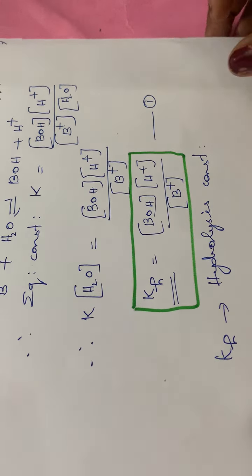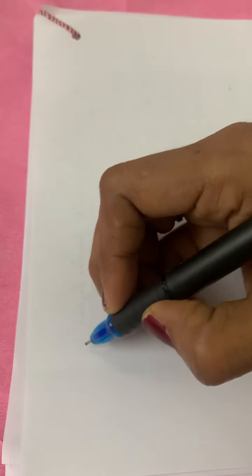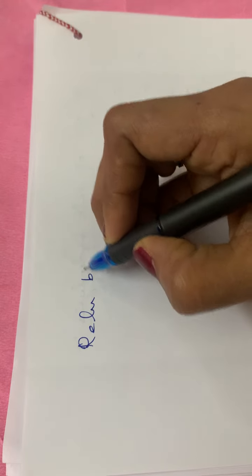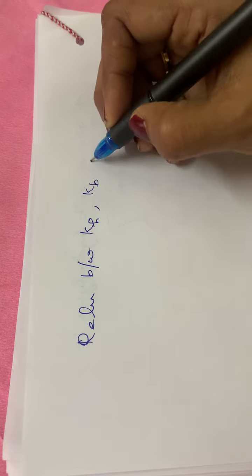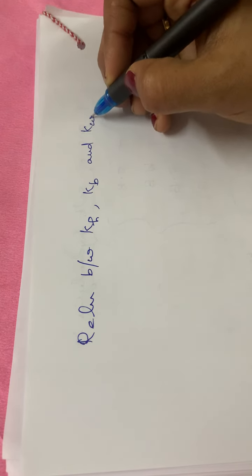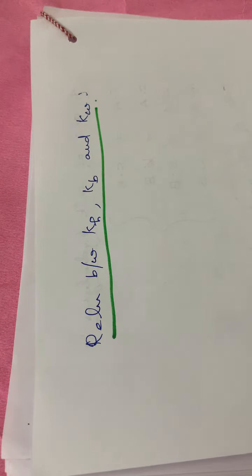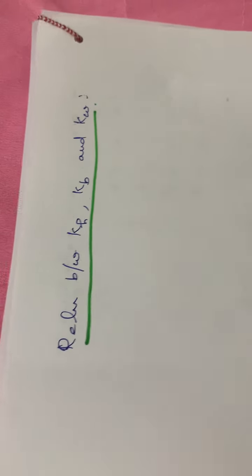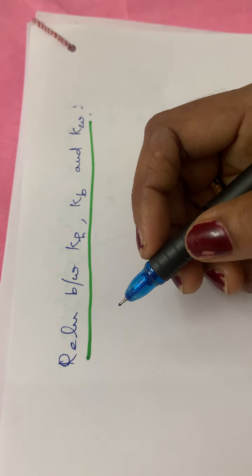Then the next is the relation between KH, Kb and Kw. Here we are taking a strong acid and a weak base.